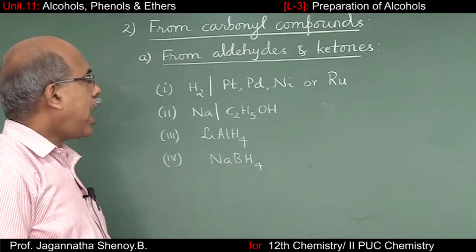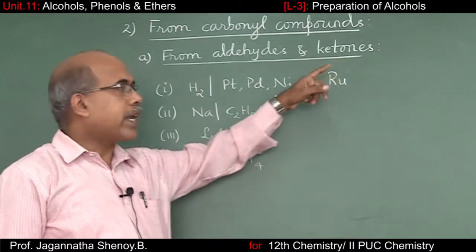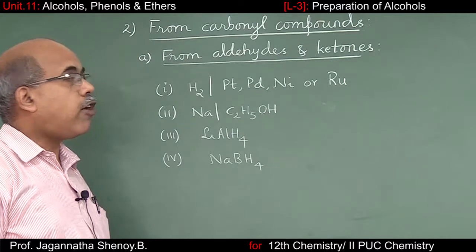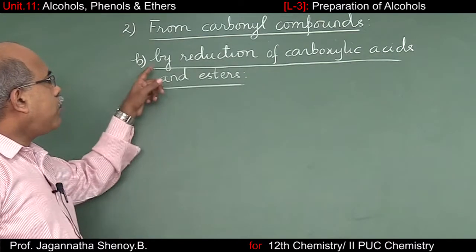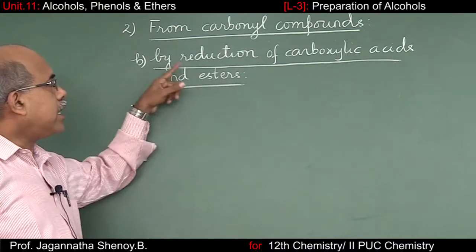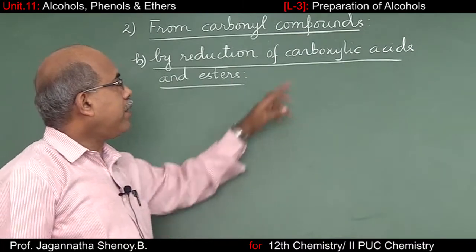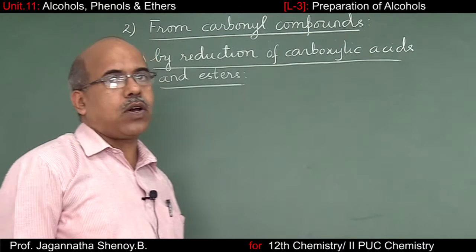So in short, I can say that aldehydes and ketones can be reduced using any of these reducing agents to form alcohols. The next carbonyl compound we consider is carboxylic acids and esters. They can also be subjected to reduction to obtain alcohols.